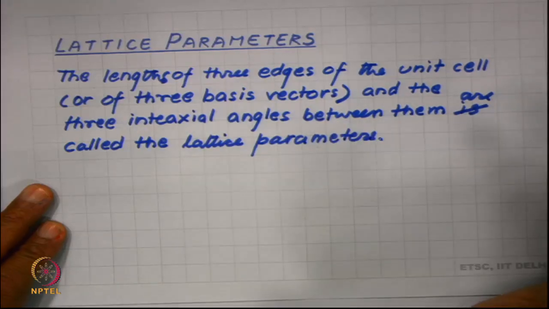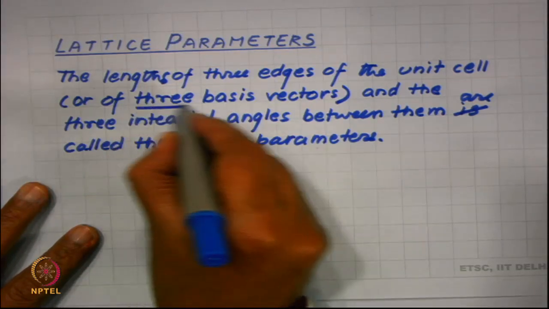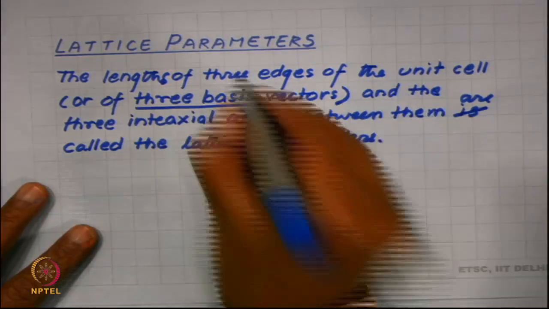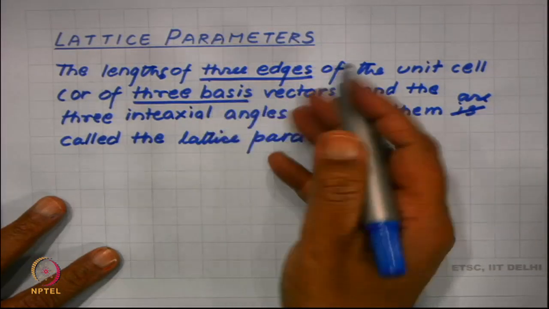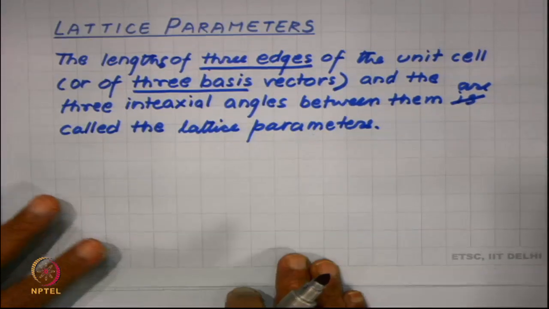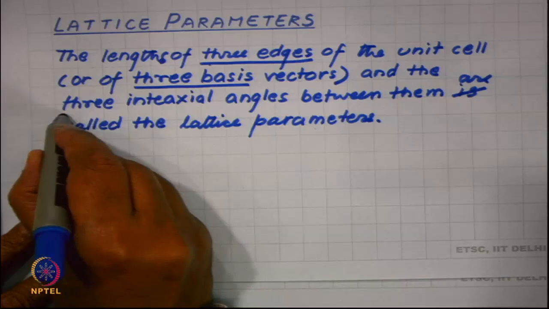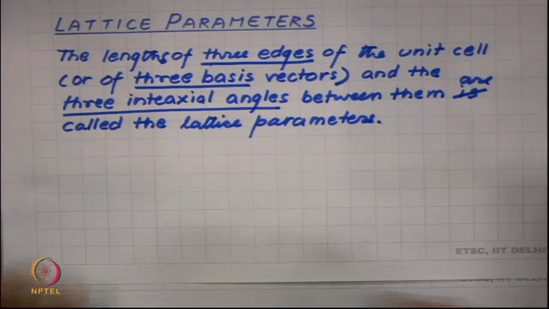Now, I am talking in 3D. So, that is why we are talking of 3 basis vectors, 3 edges and so on. Of course, in 2D there will be 2 basis vectors and 2 edges, and there will only be one angle: 3 interaxial angles in 3D, one angle in 2D.